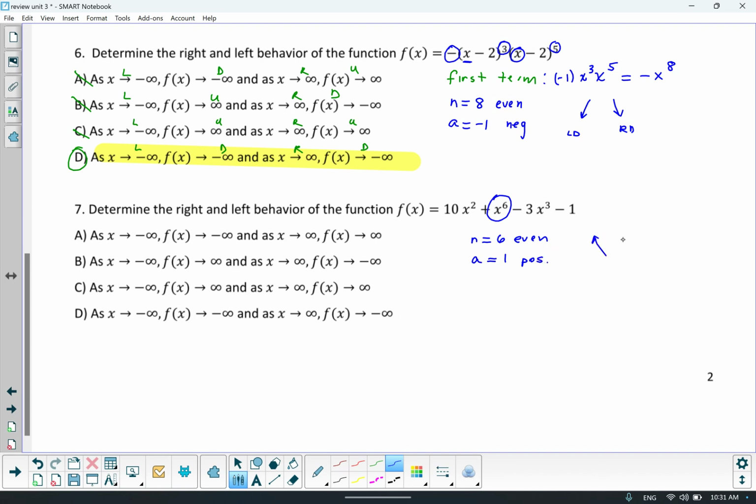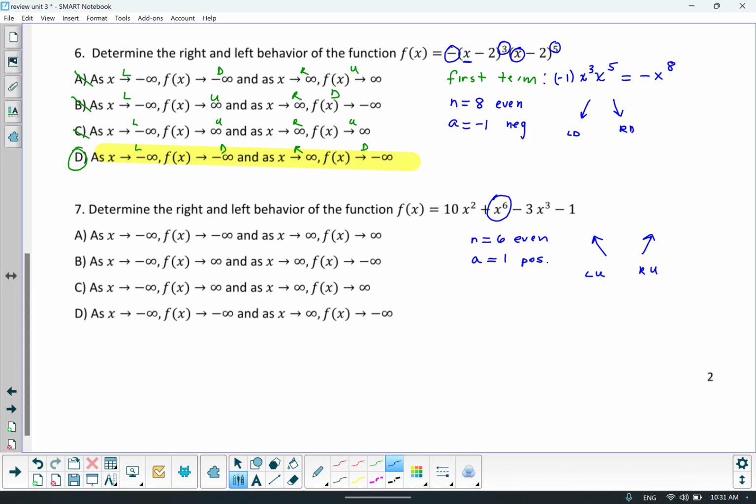Again, when you have an even exponent, the ends go in the same direction. They're either up, up, or down, down. And in this case, because I have a positive value, the right side has to go up. That means the left side has to go up.